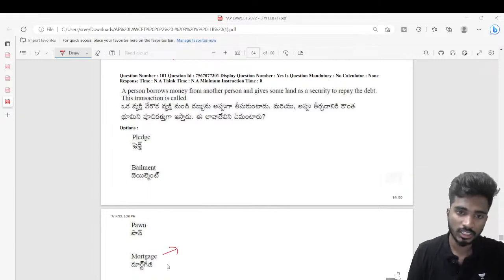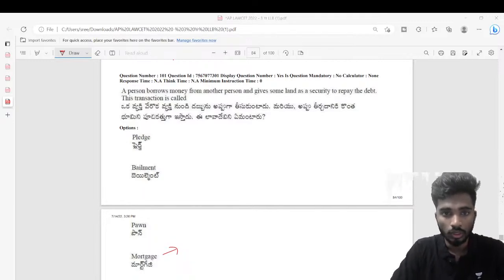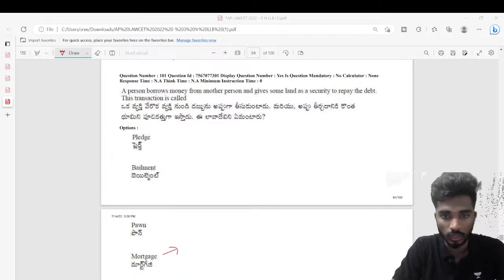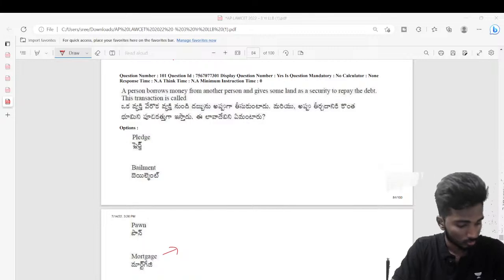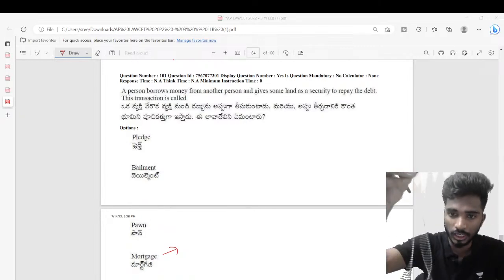So mortgage is pledging an immovable property, or the bailment of immovable property for the purpose of repaying the debt. So the bailment of movable goods for the repayment of debt is known as... ఏ అనే వ్యక్తి డబ్బులు తీసుకుంటాడు. సో ఆస్తి కాకుండా he kept some of his, let us say, his silver chain.